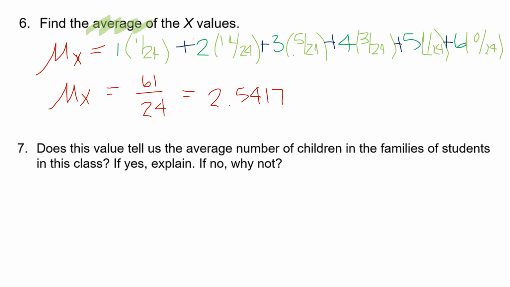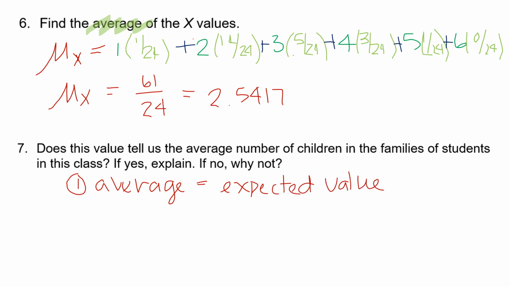Sometimes, instead of saying the word average, the AP exam is going to say the expected value. So instead of saying find the average of the x values, it would say what is the expected value for this variable, and you would do the formula that we just did above.